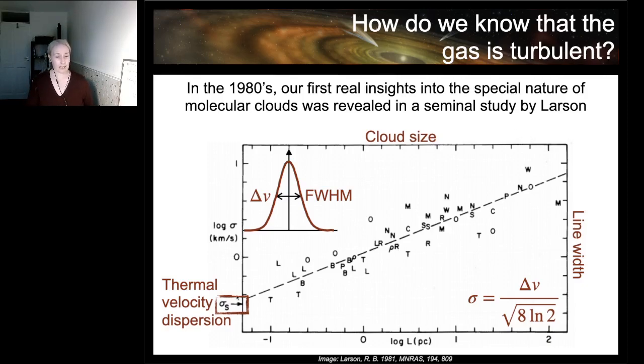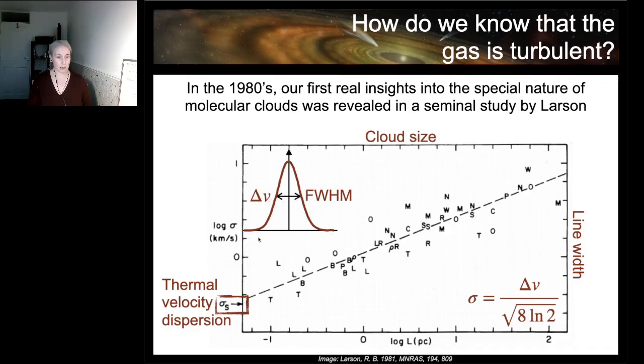So what you're looking at here is work done back in the 1980s, this has been known for a long time, where many observations of molecular lines were made towards lots of different star-forming regions. Each of these letters indicates an object in a particular star-forming region. And what Larson did at the time was measure this full width half maximum from the spectral line.